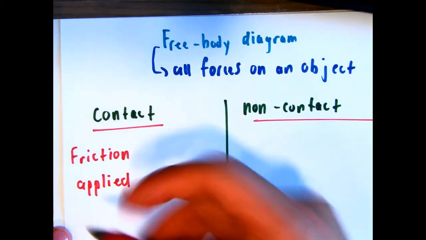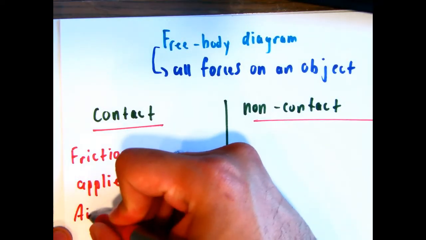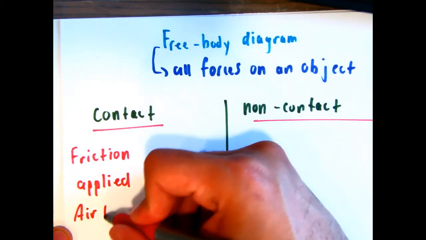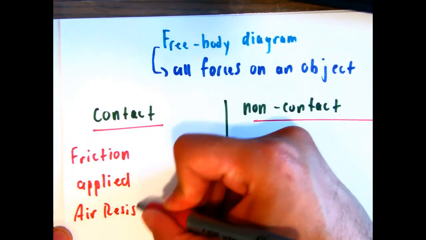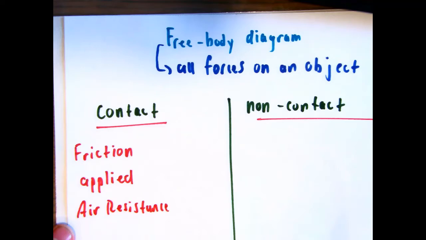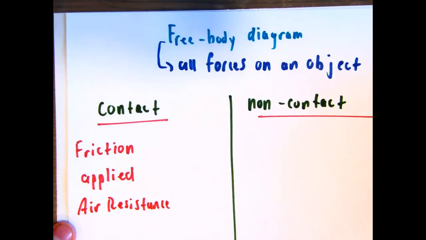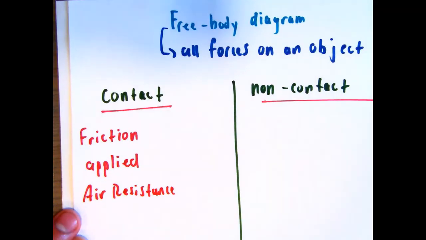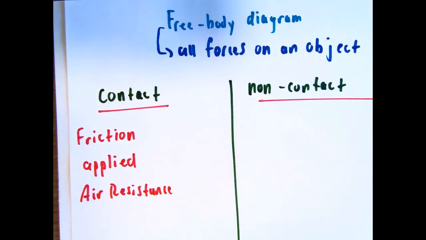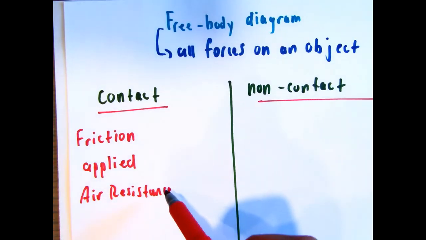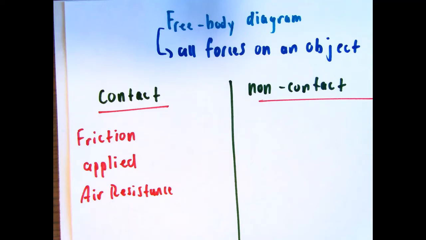We have air resistance, which is just the force due to basically air friction. If you, for example, jump off a plane, there's a lot of friction from the air causing you to slow down, right? So air resistance is very similar to friction, but it's due to air, not the surface.